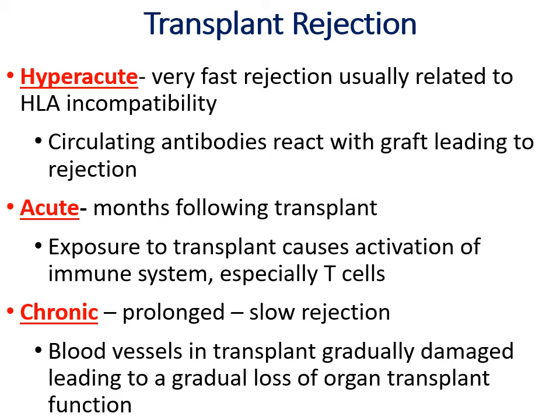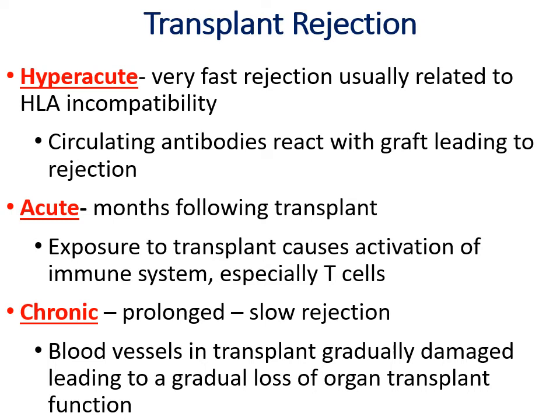Okay, so let's look at the different types of transplant rejection and the speed with which the rejection occurs. So hyperacute is a very fast rejection following an organ transplantation, and that's usually due to significant HLA incompatibility, right?